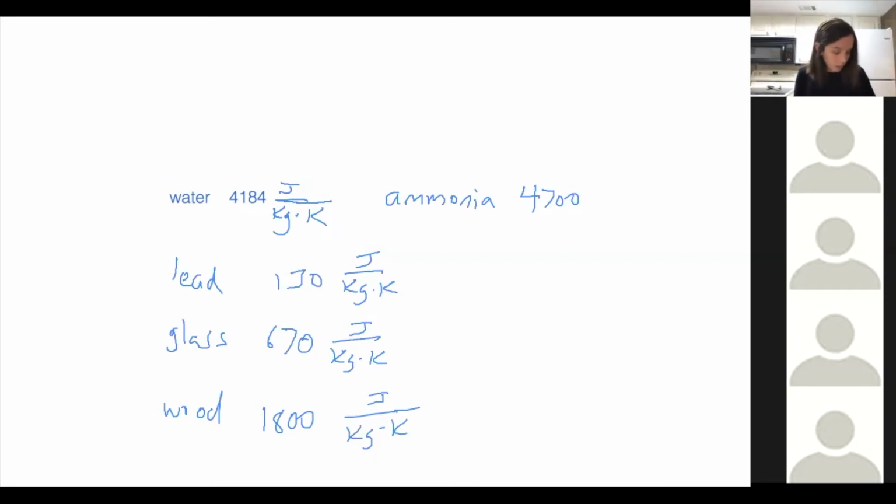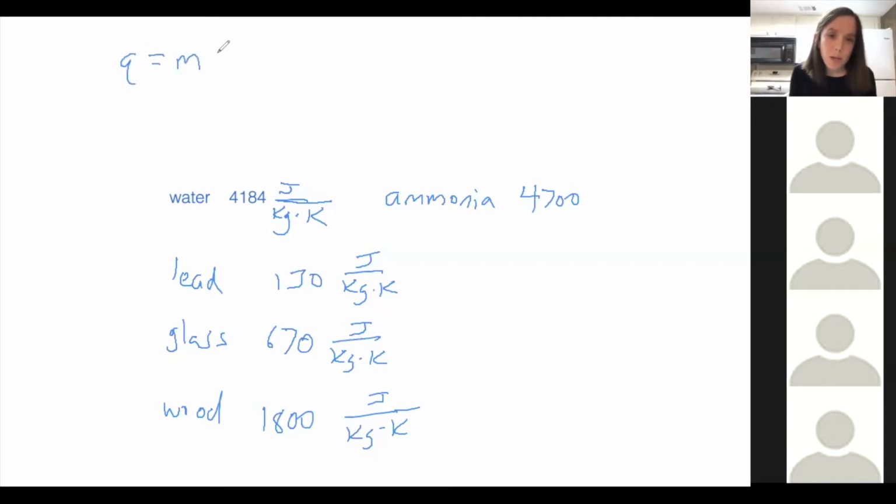Okay, let me go through an example with you on page 318. It says that a 5.1 kilogram cast iron skillet is heated on the stove from 295 Kelvin to 450 Kelvin. How much heat had to be transferred to the iron? If you ask about heat transfer, we have to use this equation, which I've shown you before.